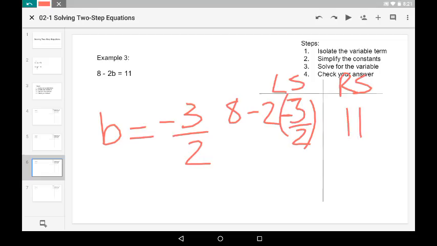So what's happening with the negative 3 here is it's being multiplied by 2 and divided by 2, so those 2's are going to cancel out. The negatives are also going to cancel out because now we're subtracting a negative, so we have 8 plus 3, and of course that equals 11. So our left side equals our right side.